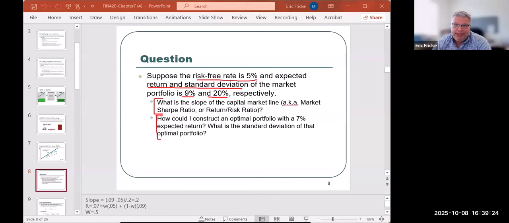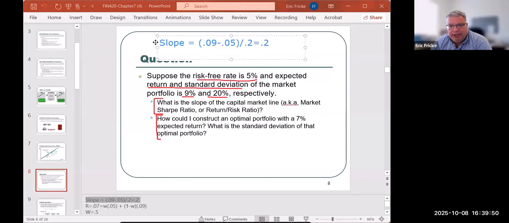I'm going to pull up some information here. I'm going to copy some of this stuff from down below. So first off, with the slope, we're going to use that Sharpe ratio equation.